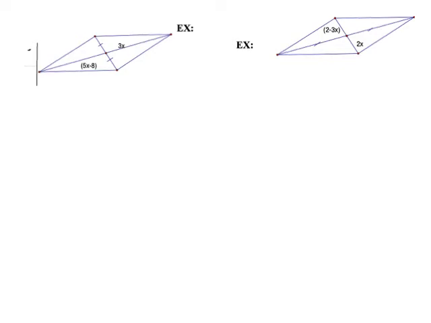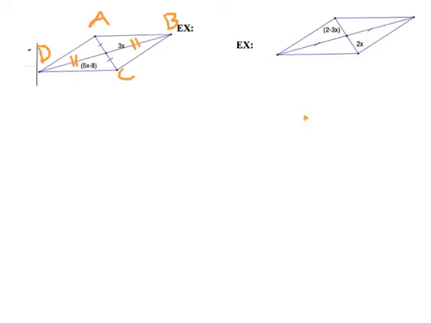In these last examples, I want to show that ABCD is a parallelogram. We'll do this first example. If it's a parallelogram, then the diagonals bisect each other. That means not only does this diagonal, AC, get bisected, but also these diagonals right here are bisected.